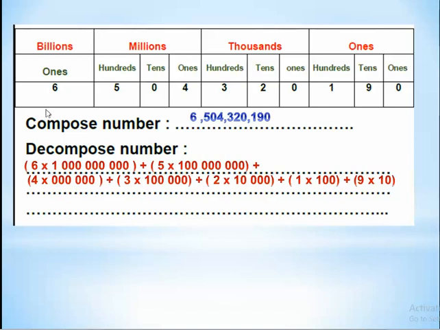Decompose the number. We are going to multiply the number by the value. So it will be 6 times 1 billion plus 5 times 100 million plus 4 times million, 3 times 100,000, 2 times 10,000, 1 times 100, 9 times 10, and so on.